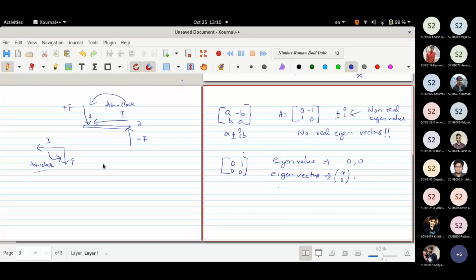It's an important property: every eigenvalue need not have an eigenvector. There is something called algebraic multiplicity. Algebraically, there are two eigenvalues, and there is something called geometric multiplicity.